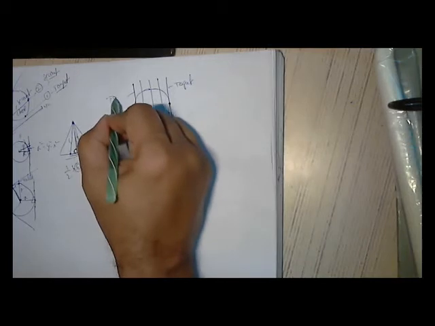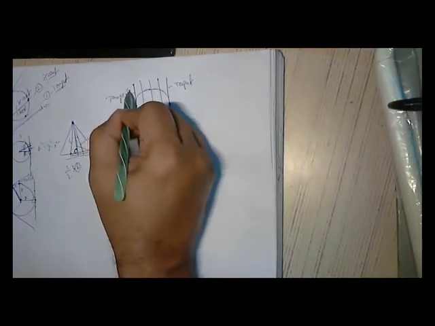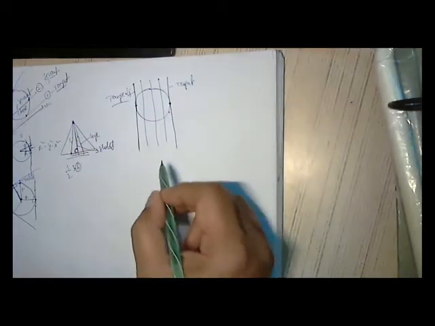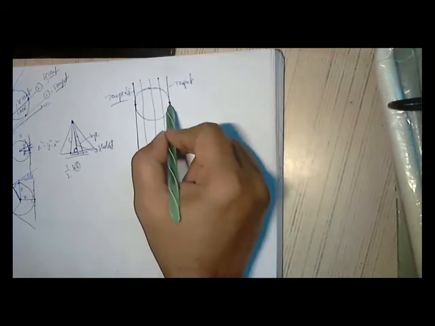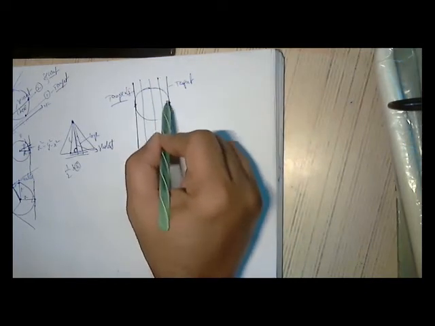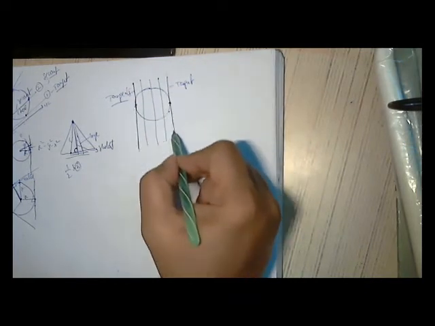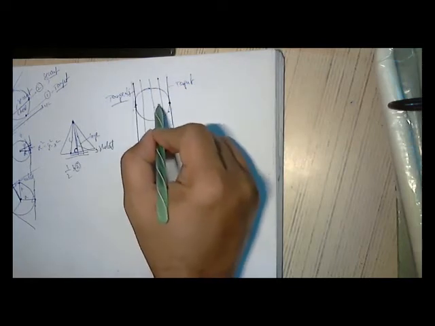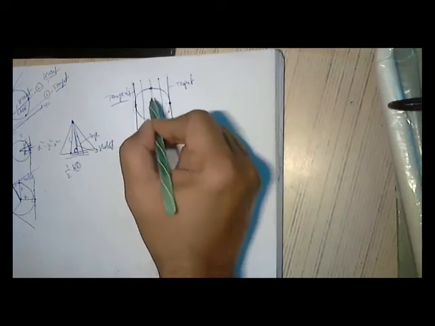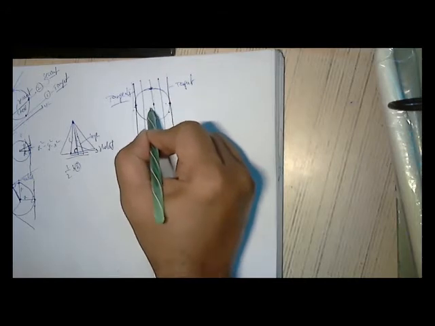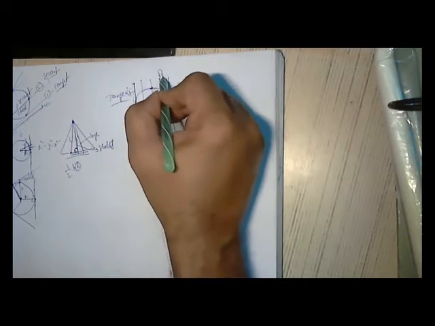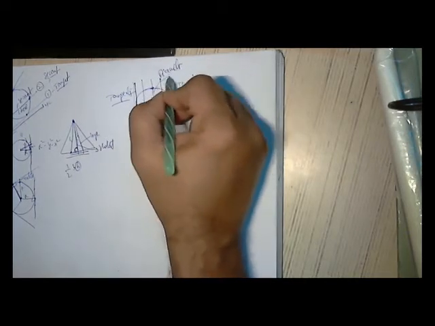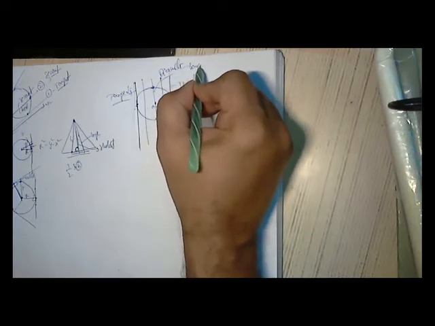So parallel to a line, a circle will have a maximum of only 2 tangents. All those others are chords. And the one going through the center is called the diameter. This is the longest chord.